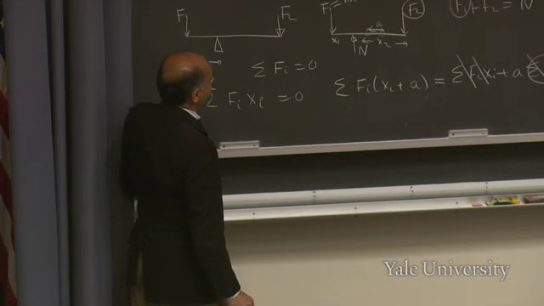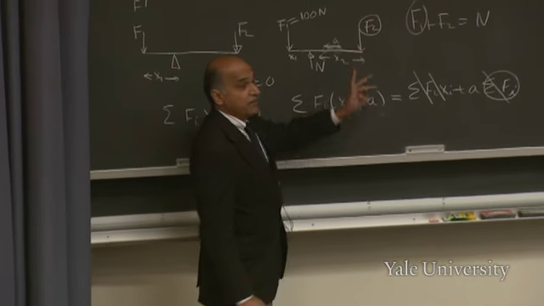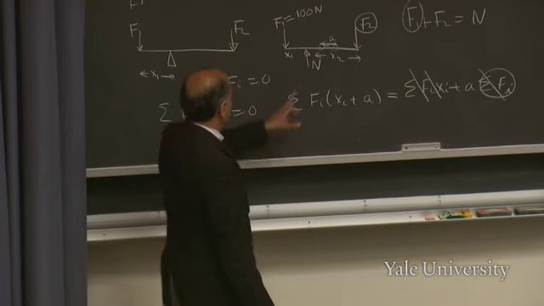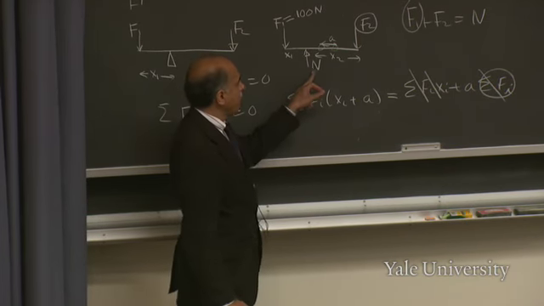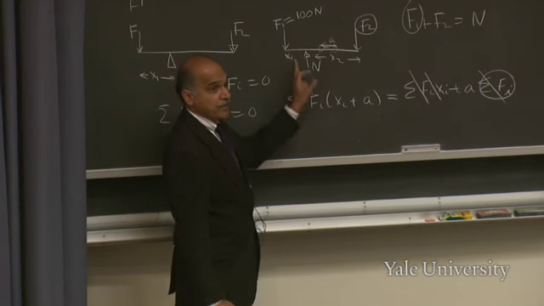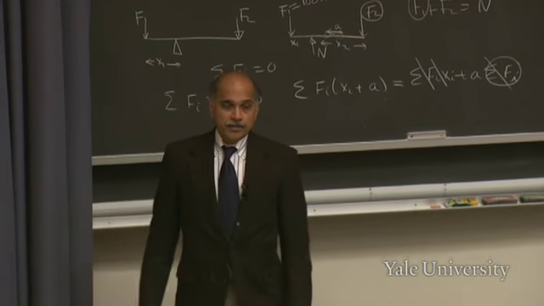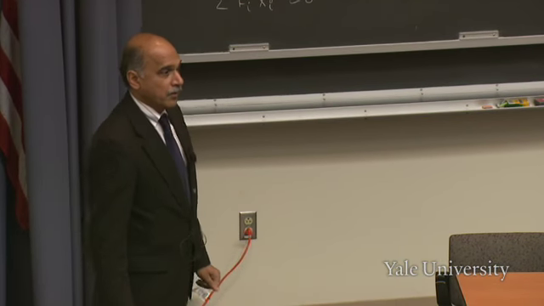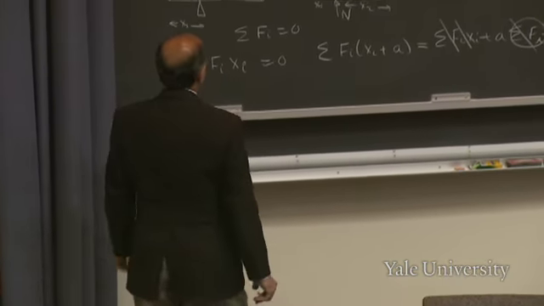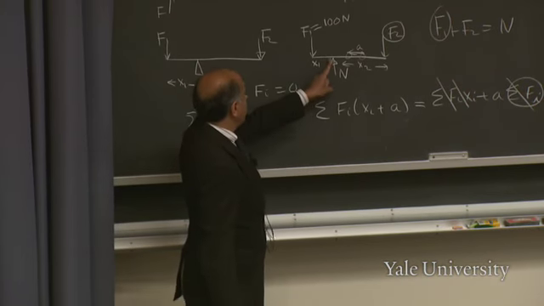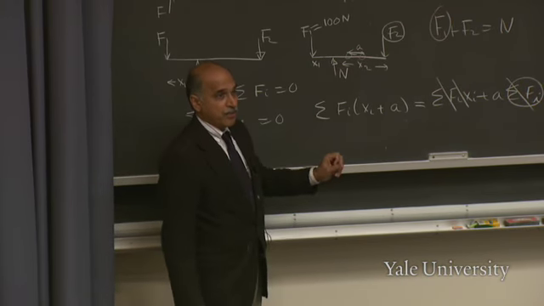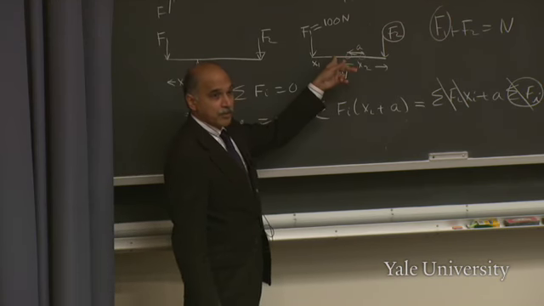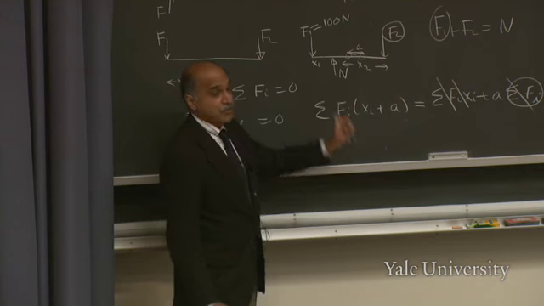If you were asked simply to find what F2 is, not to completely solve the problem, which would also be finding what the normal force is, if someone said, just find F2, I don't care what n is, then that's a particular choice of pivot point that is optimal. That choice is the one in which this normal force doesn't get to enter the torque equation. And I think you all know what I mean. Pick that point as the point around which you take the torques, then n drops out.